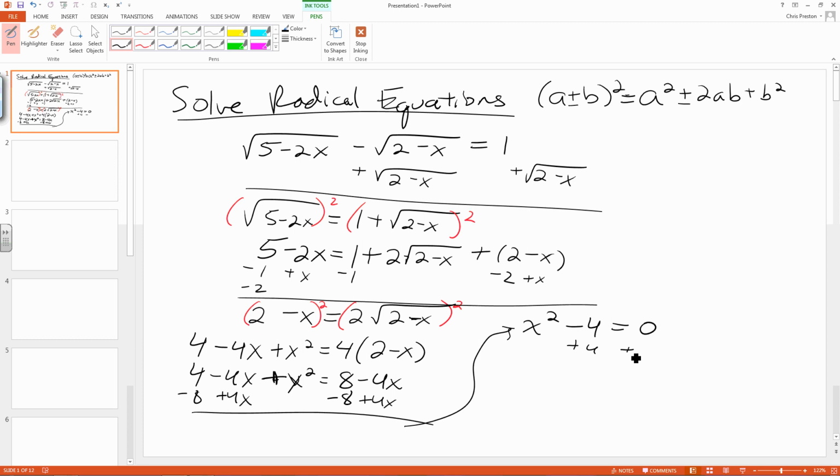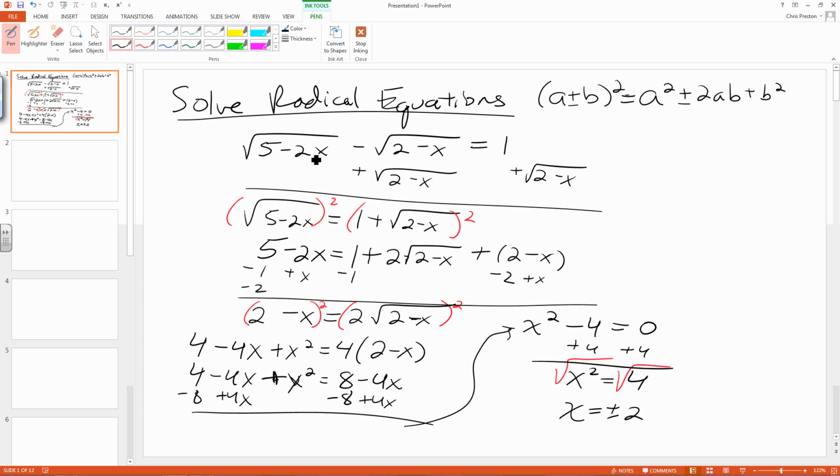Add 4. You could factor that, but I'm trying to do different stuff here, so take the square root. And don't forget, when you have a square and you put the square root on, you've got to put plus or minus there. So these are possible answers.